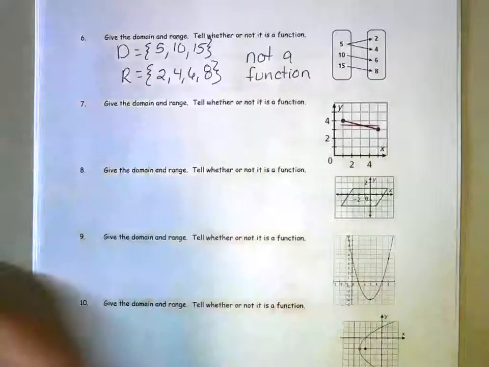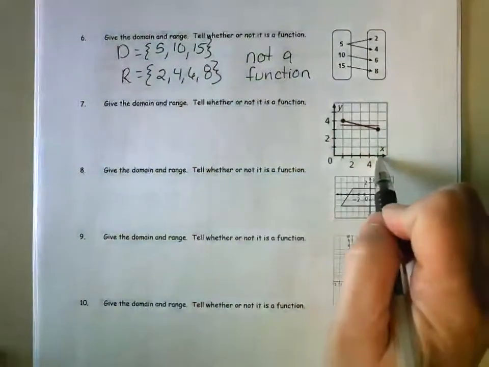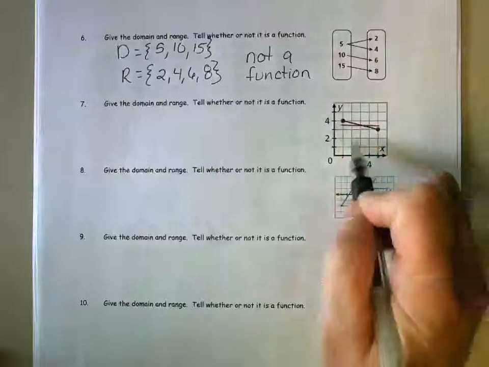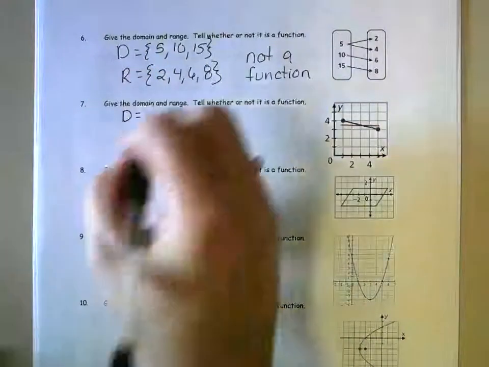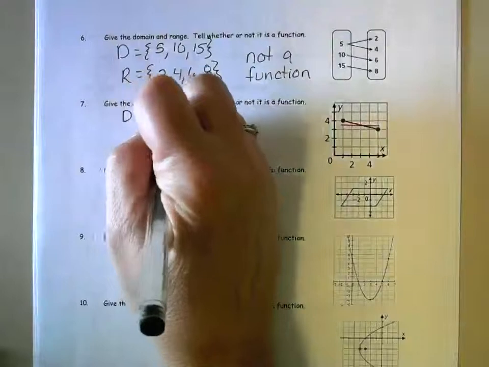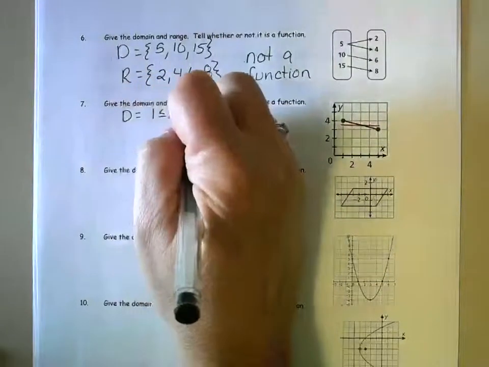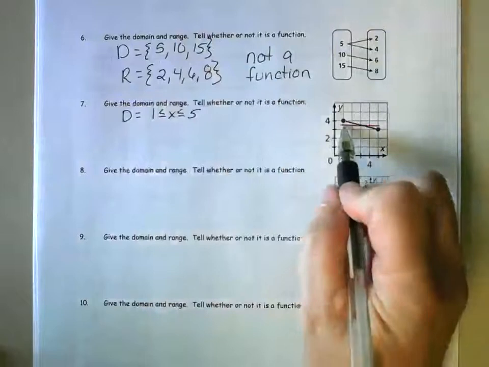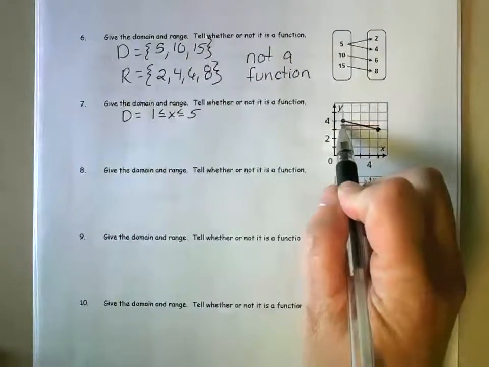So our domain goes from 1 to 5, and it includes every single value there, every fraction, every decimal. So we write that as an inequality. 1 is less than or equal to x is less than or equal to 5. And that includes every number from here to here.